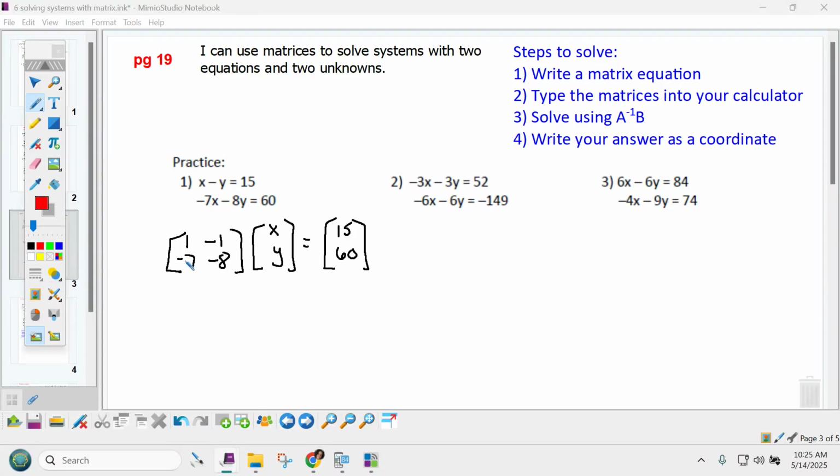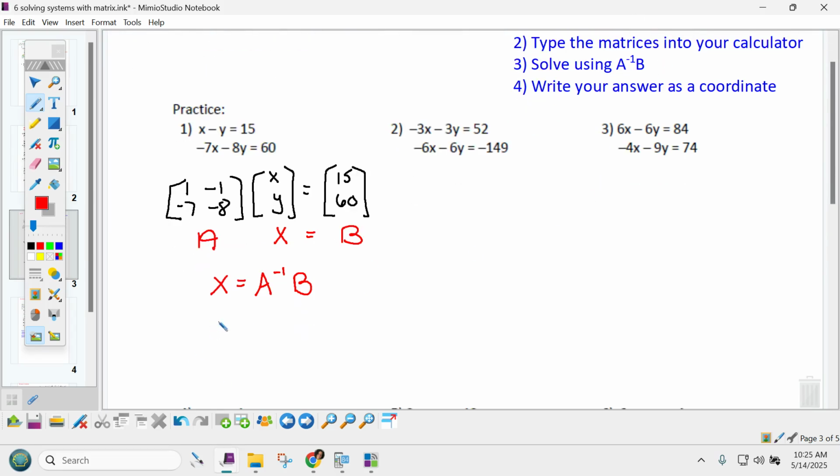And if I think about these matrices with names, this is A, this is X, we're going to find it's going to equal B. So to solve, in my calculator, we're getting to that step next, I'm going to have A inverse times B to get our, so that's step 3, our answer. Because it's going to give me X, Y equals, it's going to give me a matrix answer.